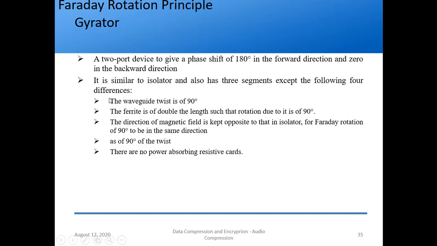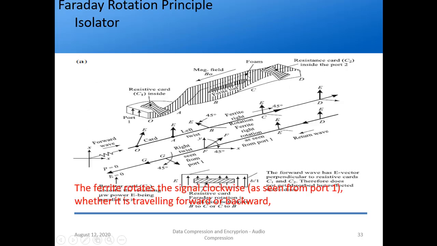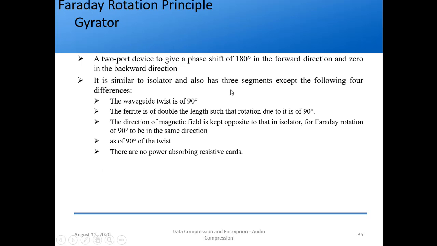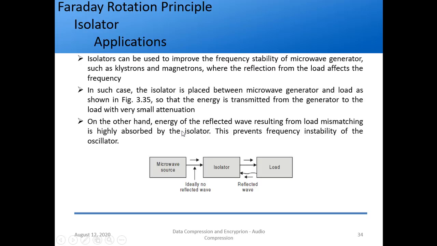So the waveguide twist, instead of 45 degrees for the isolator, is changed to 90 degrees here, and the ferrite is of double length such that the rotation is 90 degrees. So here you achieve 45 degree rotation, right? So you want double the amount of phase shift, so obviously you will use double the length of ferrite, right? Then the direction of magnetic field is kept opposite to that in the isolator for Faraday rotation of 90 degrees to be in the same direction.